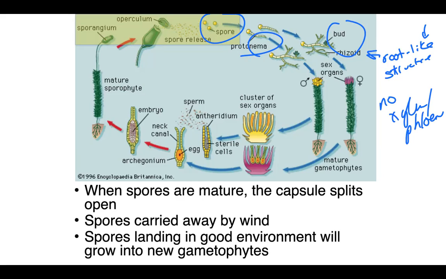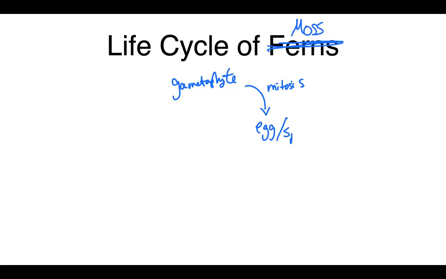So it goes from gametophyte, gamete, actually, okay. So we've got gametophyte. This is for moss, what I'm drawing here. Got gametophyte, mitosis, egg and sperm.